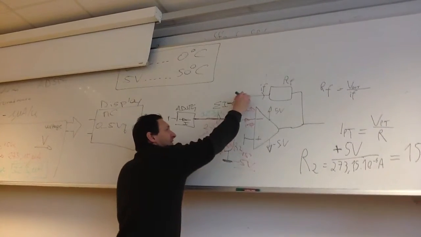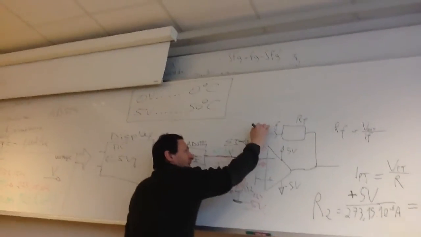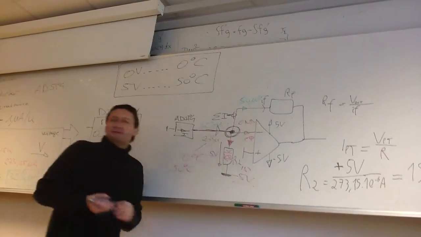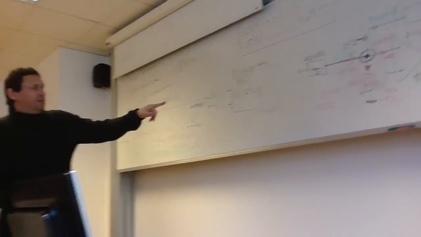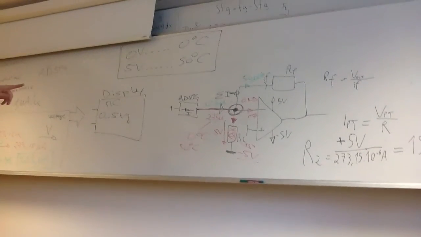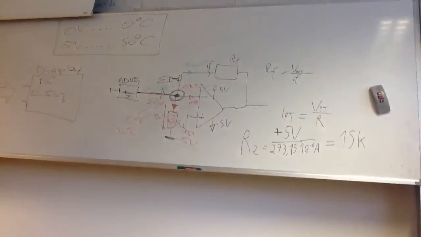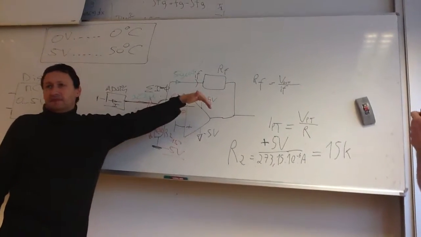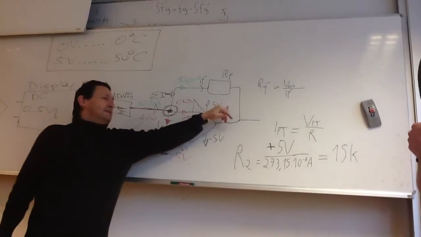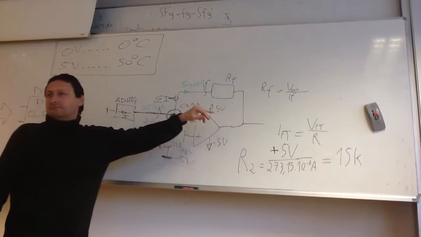So we will see here 50 microamps. But there is 50 microamps too much. We are only dumping 273 of the 323. So the 50 are flowing across our feedback resistor.